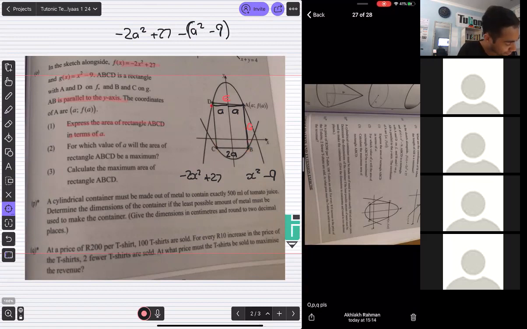It's the vertical line. Yeah. So all we have to do is find the y value and subtract. Do you guys see that? If I want to work out AB, the x values are the same. The x values are both A.